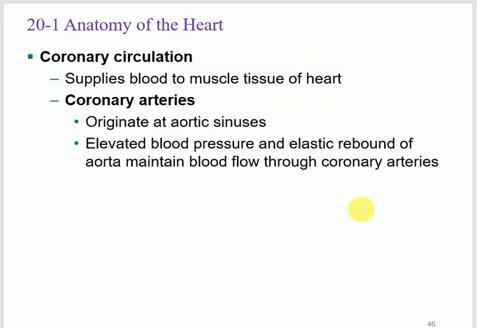Coronary circulation. We have arteries and we have veins. And again, we talked about those in lab, but refresh your information again. Arteries are called coronary arteries, isn't it? How about the veins? Most of them are called what? Is it called coronary veins?